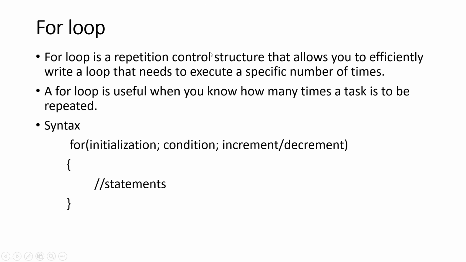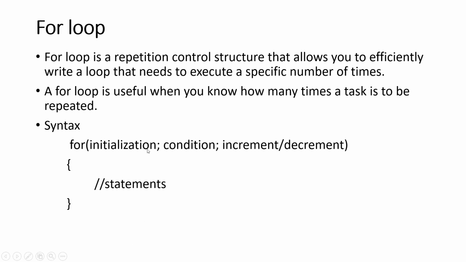Next, we will see the for loop. A for loop is a repetition control structure that allows you to efficiently write a loop that needs to execute a specific number of times. A for loop is useful when you know how many times a task is to be repeated. Here is the syntax of the for loop.